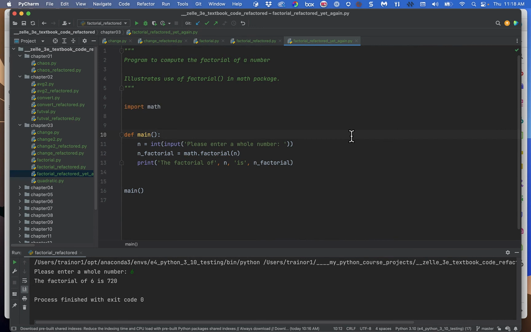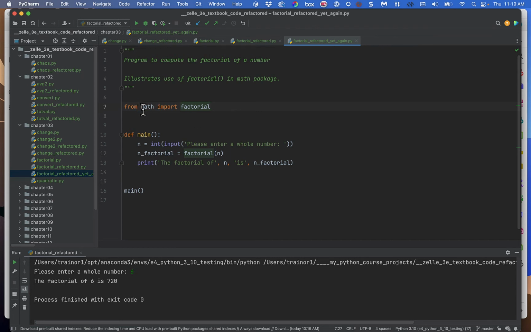Now, as we learn more about imports, what we're going to find out is that when we import math, we import the entire library. Maybe that's not the most efficient thing to do. So there's another form of the import. There are 3 or 4 actually, and we're just going to examine the second.